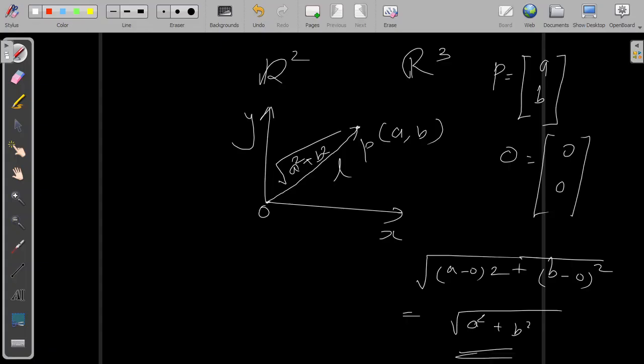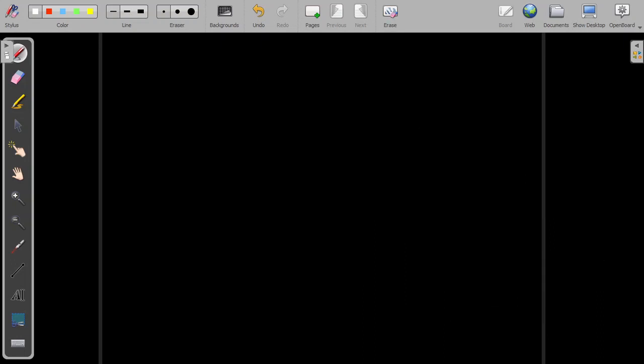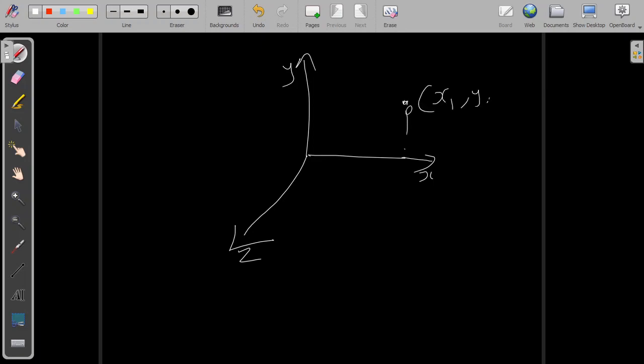In our 3D space x, y, z, we have a point, for example p, with coordinates x1, y1, z1, and q is another point with coordinates x2, y2 and z2.